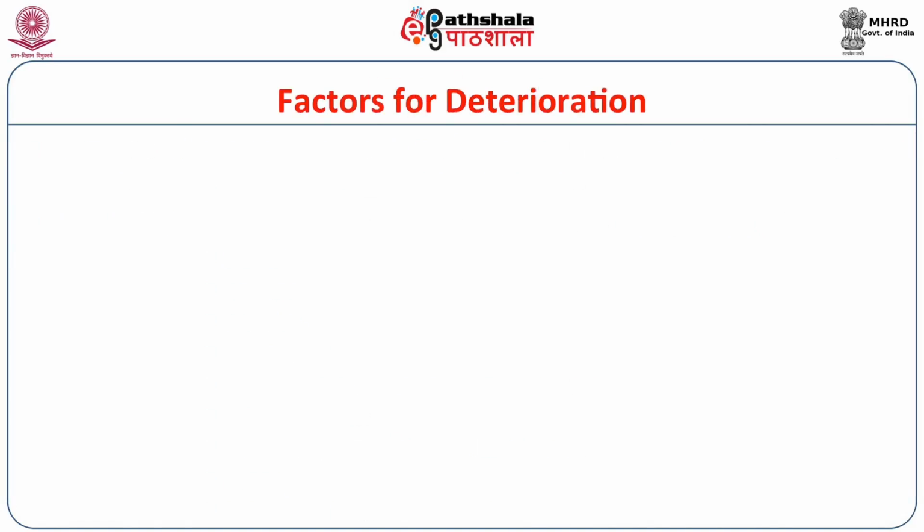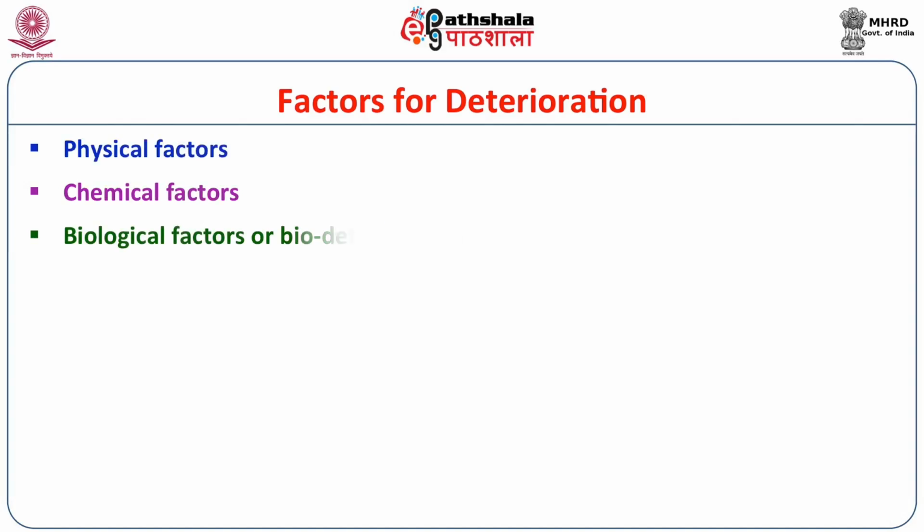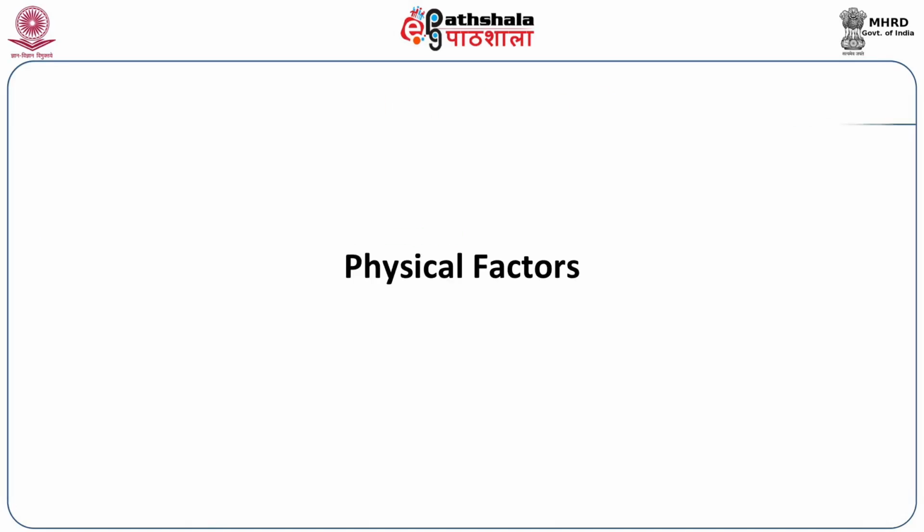etc. Factors of deterioration may be classified into three categories. First one is physical factors, second one is chemical factors, and third one is biological factors or biodeterioration. First, we will discuss physical factors.